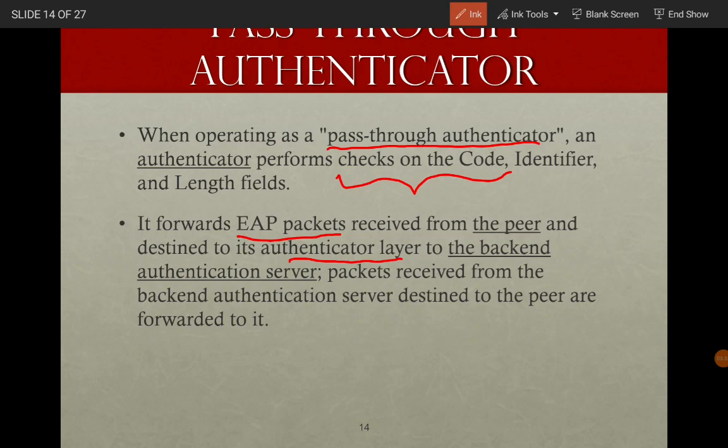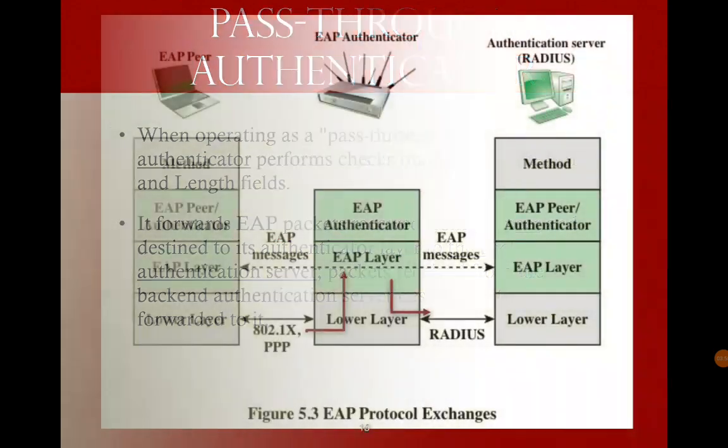Similarly, packets received from the backend authentication server are forwarded to the peer. It acts as an intermediate, and that's why it's called a pass-through authenticator. It just forwards the EAP packets between the client and the authentication server.